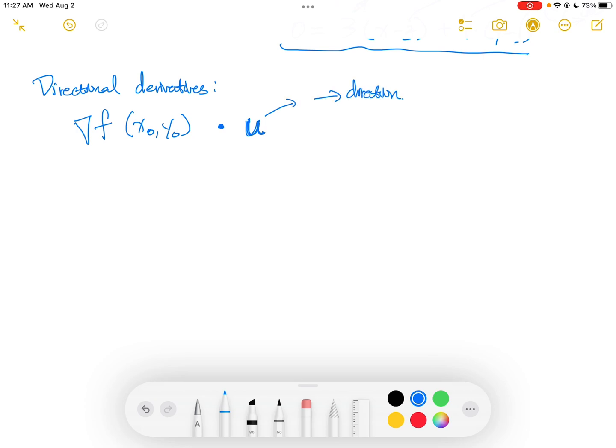The reason that we want it to be a unit vector is important because on the test, you may be given a vector u and be asked to find the directional derivative along the direction of u, but u may not be a unit vector.